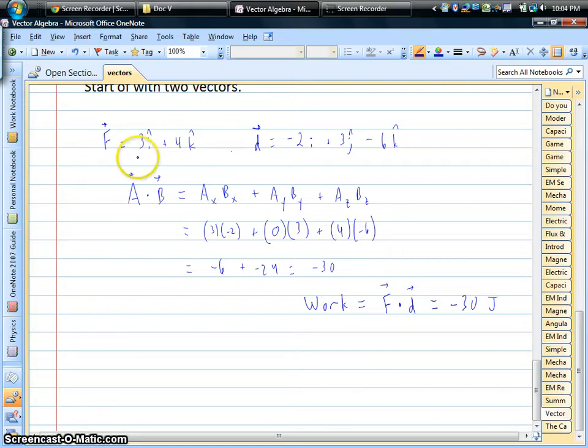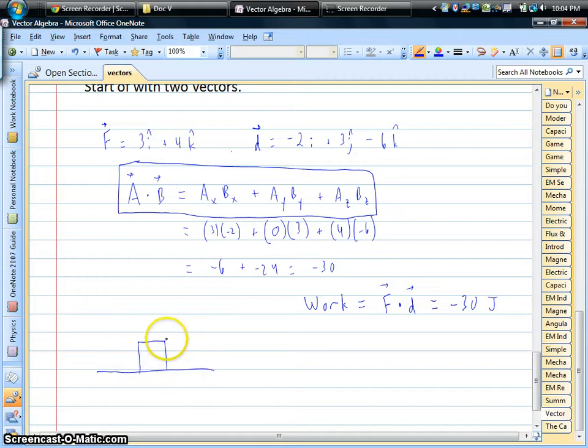Now the good news is you don't have to use this version of the dot product very often. The reason for that is in most problems that we get in physics, you usually aren't given the actual vector components of two vectors. Instead, we might be told something like, or have a picture. Probably a real common example is, you're pulling on a box. Maybe there's a string attached or something, so you pull on the thing with, I don't know, maybe a force of 50 newtons.